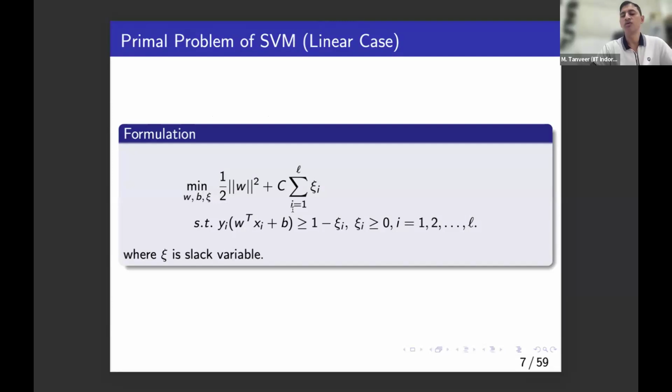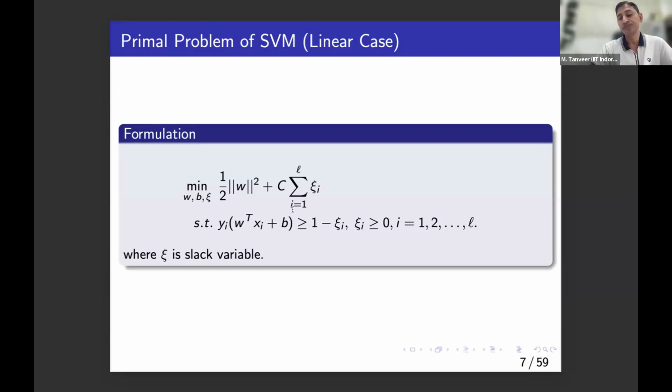Since we have a very simple optimization problem, we have an objective function.